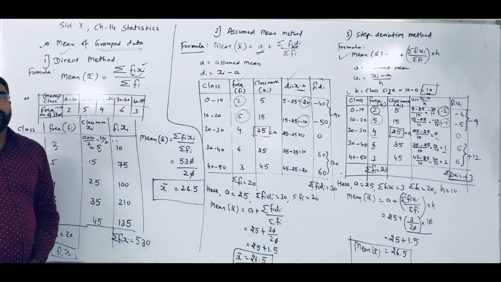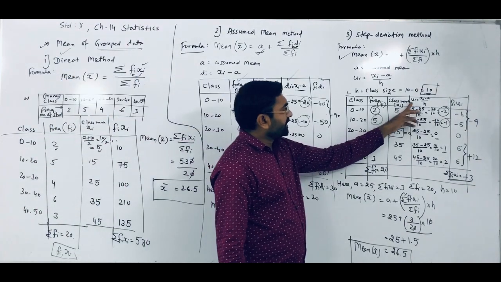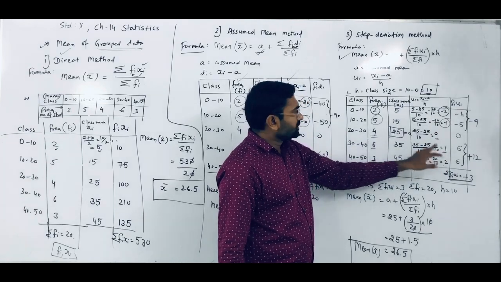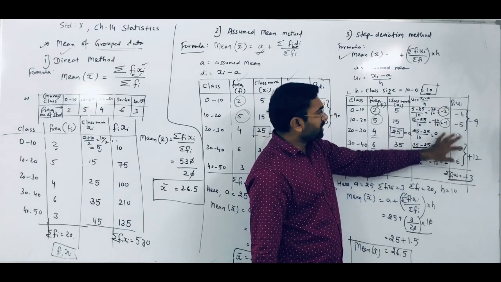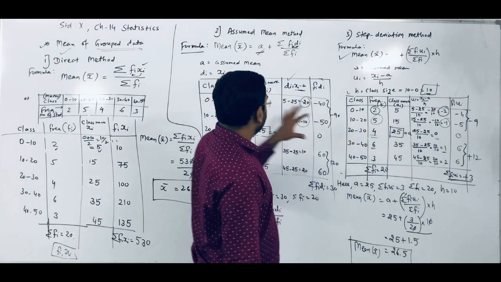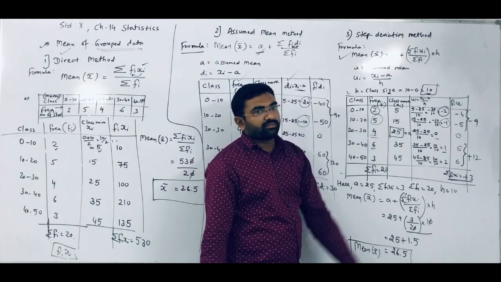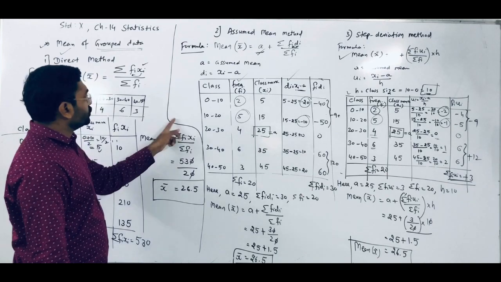So what do we conclude? Now observe another thing. Here, whenever we write the ui column, its values are very small, right? So that's why its multiplication is also very small. So it takes less time compared to the remaining two methods. Okay, that's why the step deviation method takes very little time compared to these two methods.